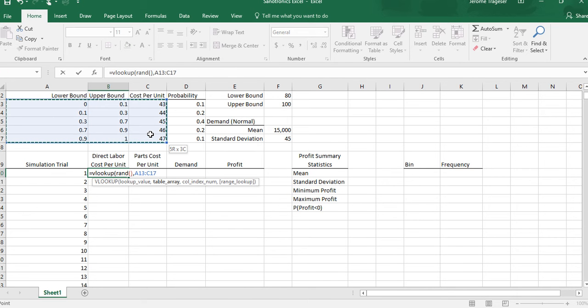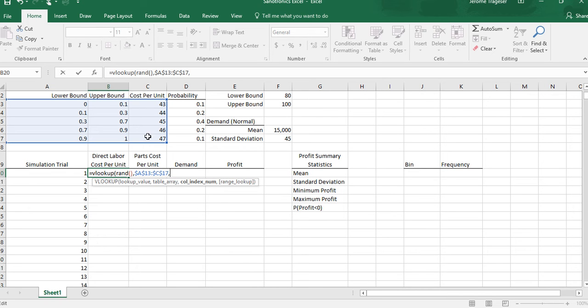Then we want to select our table here. We only need to go over to cost per unit. And we want that to be absolute. So lock that table in. Then our column index number, we are dealing with our third column.